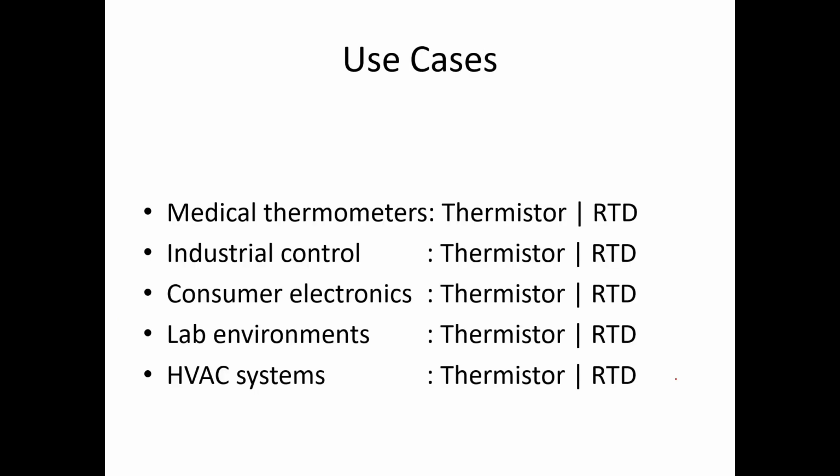Now let us go to the question: when do we use thermistor or RTDs? For a medical thermometer, do we want to use thermistor or RTD? We want to use the thermistor. Why? Because it is cheap.